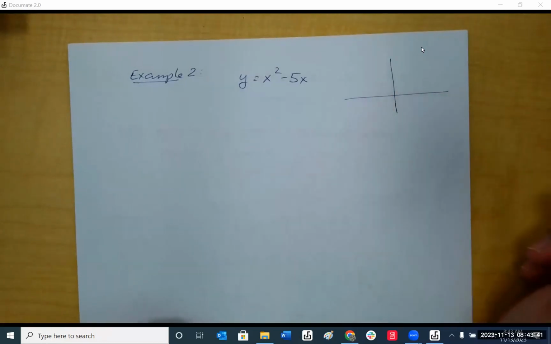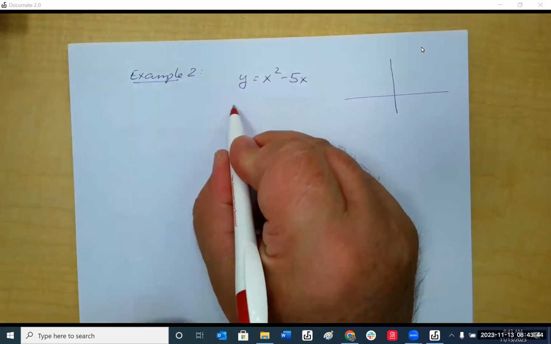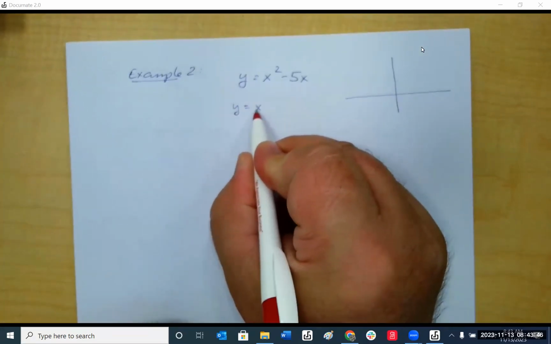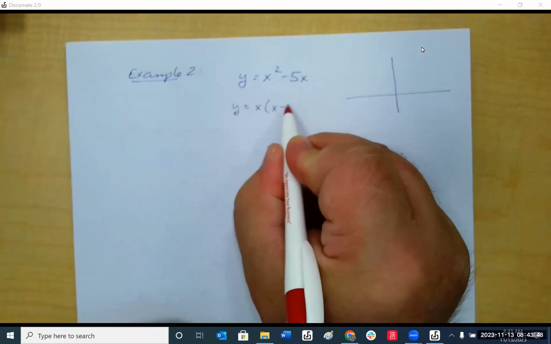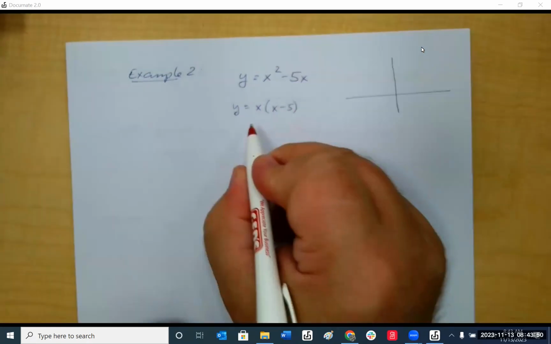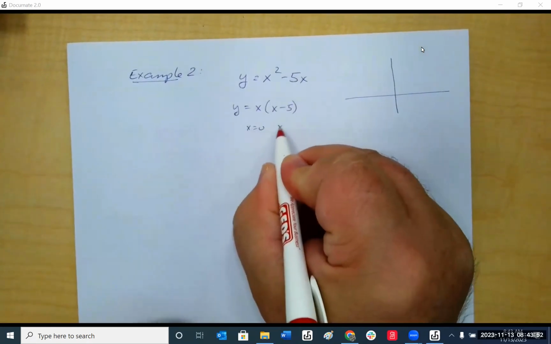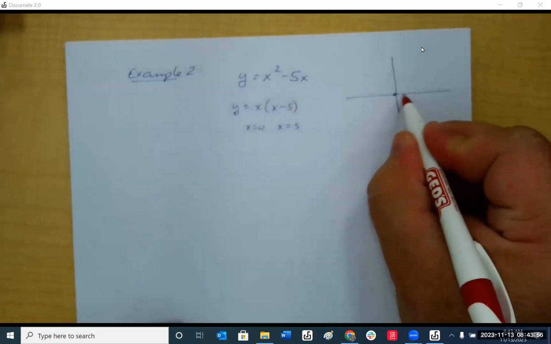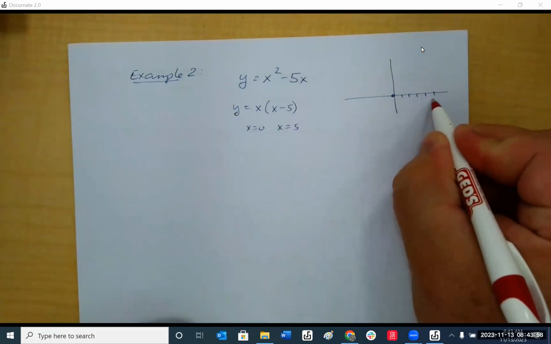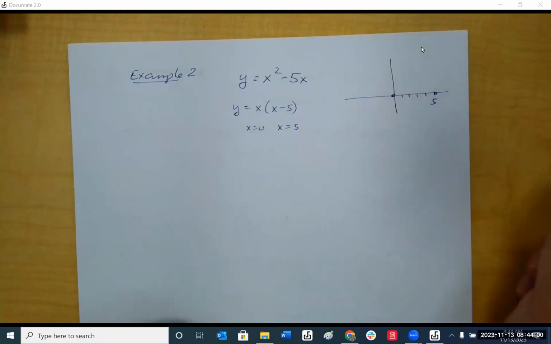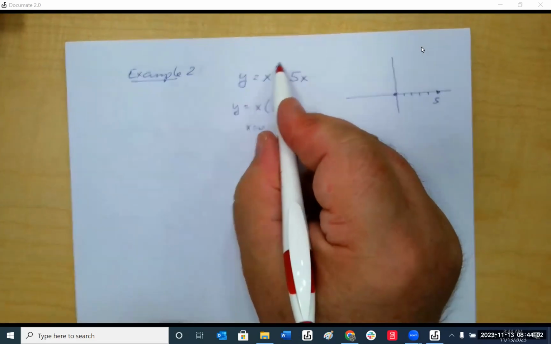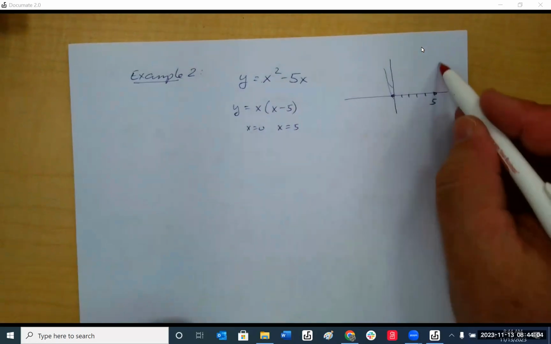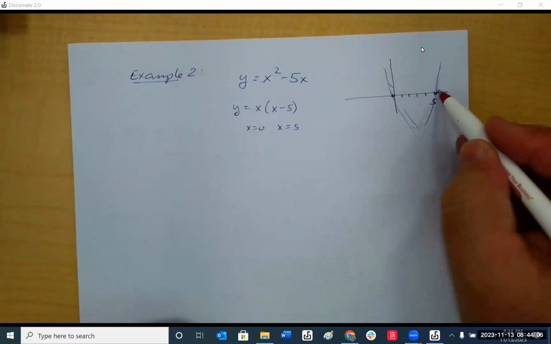What are the x-intercepts? They both have an x. So my x-intercepts are at 0 and 5. It's positive, and both ends point up. So it's a quadratic equation that looks like this.